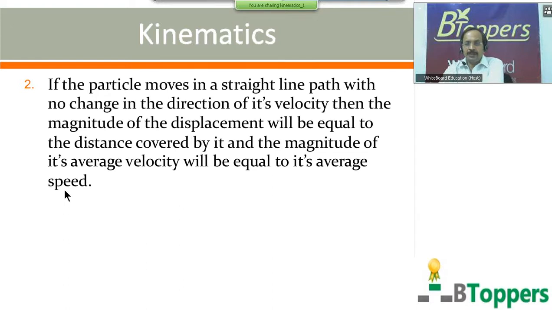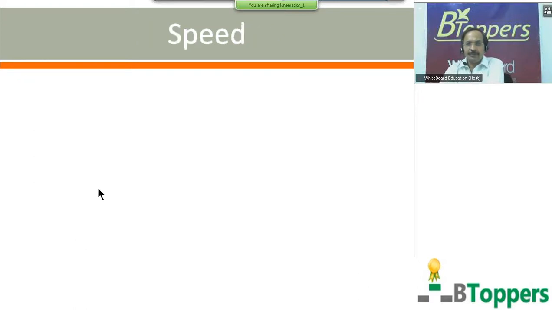I mean, when the particle moves in a straight line path with no change in the direction of velocity, the magnitude of the displacement will be the same as the distance covered, and the magnitude of average velocity will be equal to its average speed.